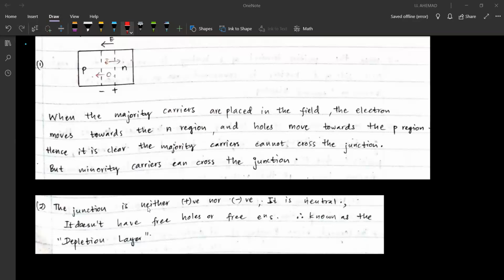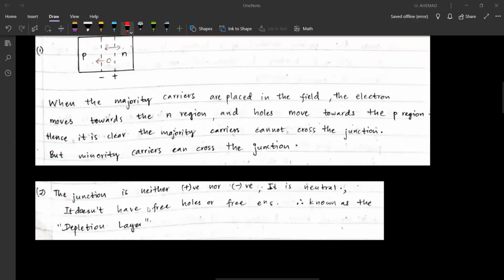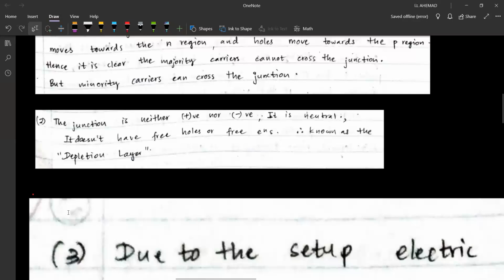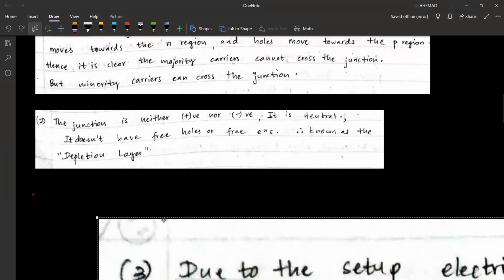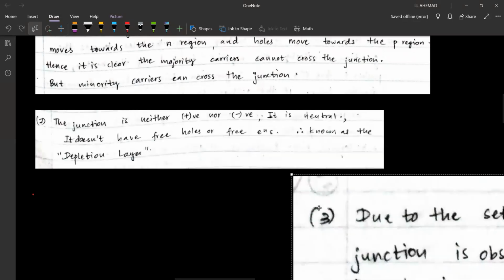Done. Is that the first note, right? That minority carriers can diffuse.